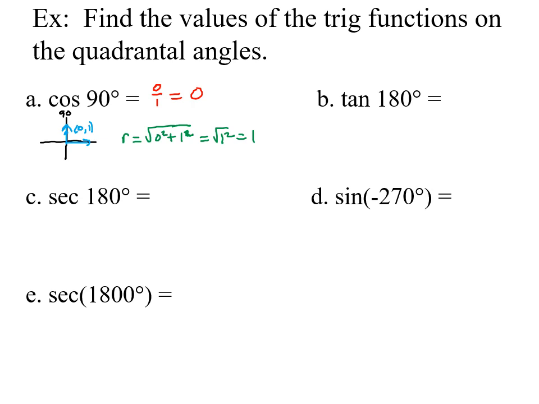But, especially since this is an online portion here anyway, I would suggest that the quicker, easier way would be to take out a calculator, type in tangent of 180 degrees, and it'll spit out the number 0. Or type in, now some calculators do not have secant. And so since you don't have secant on the calculator, you have to notice that secant and cosine are reciprocals of each other.